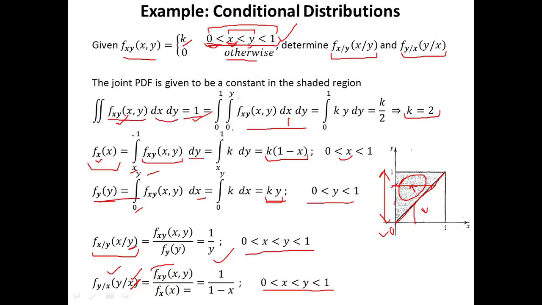So in that manner, one can easily define the conditional density function, which is derived by using Bayes' theorem from the joint density function and individual density functions.